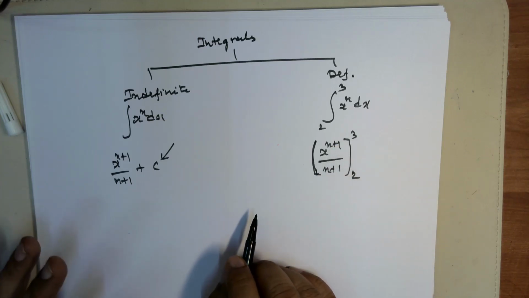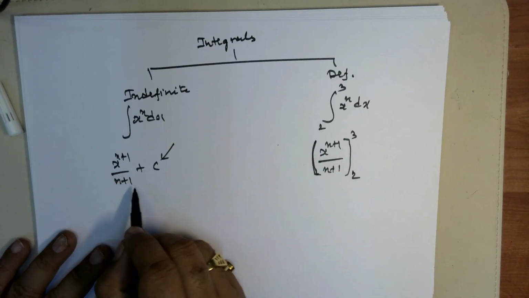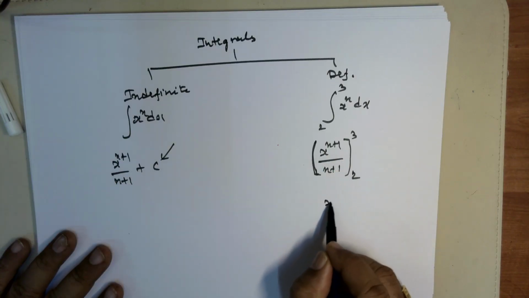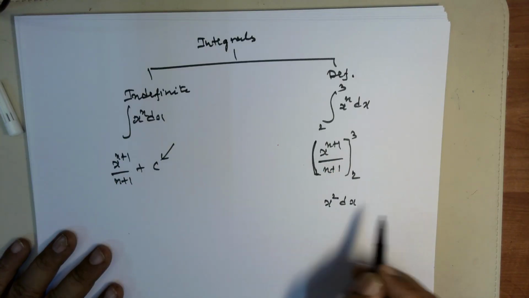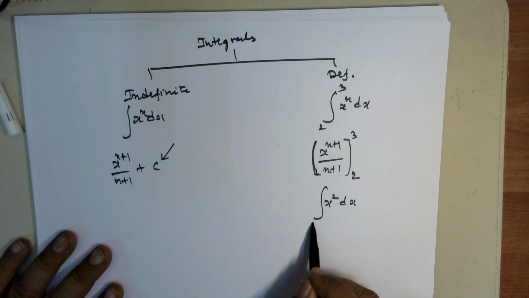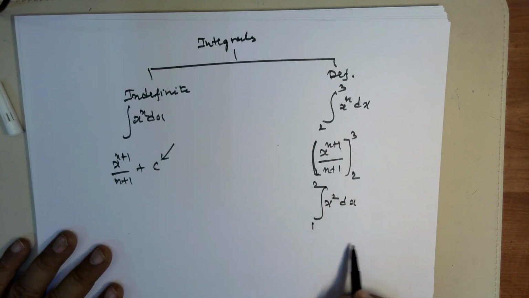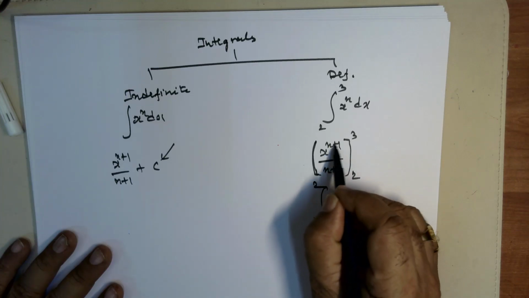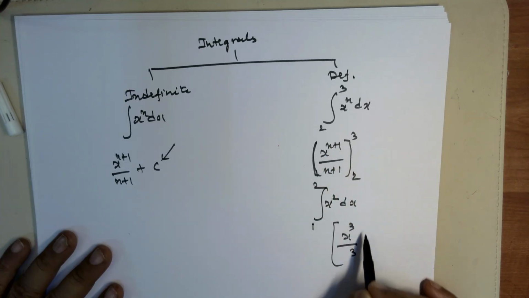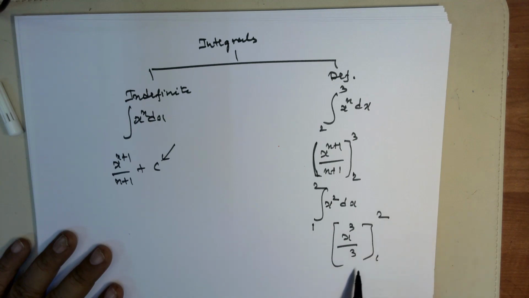So let me consider here x square dx between the limits, let me say, 1 and 2. What you're supposed to do, x cube divided by 3, because x power n plus 1 divided by n plus 1, between the limits 1 and 2. It means you have to substitute 2 in place of x, so 2 cube divided by 3, minus 1 cube divided by 3.